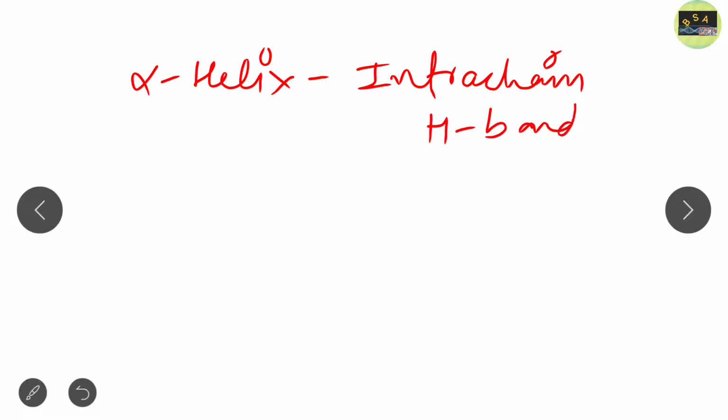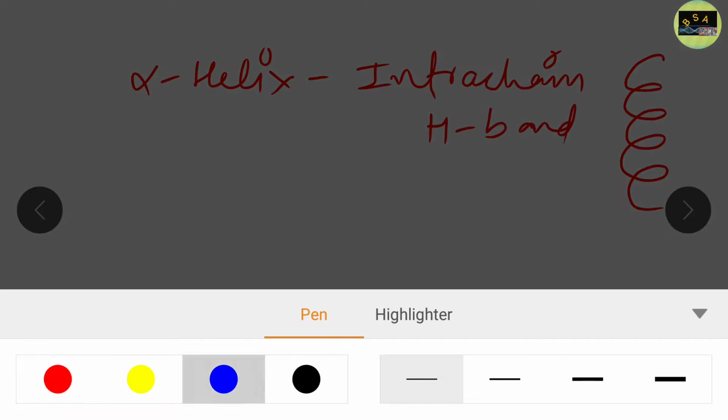Why is it intrachain? Because when I taught you alpha helix, I discussed that the hydrogen bond is formed in the same chain. That's why in case of alpha helix, the hydrogen bond formed is intrachain.